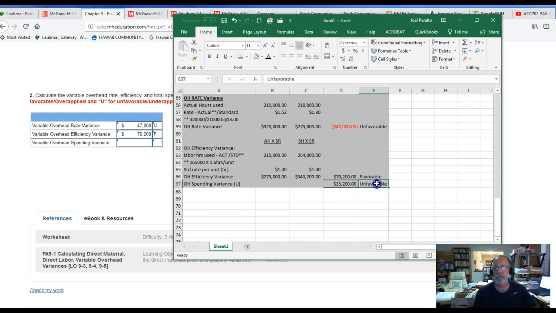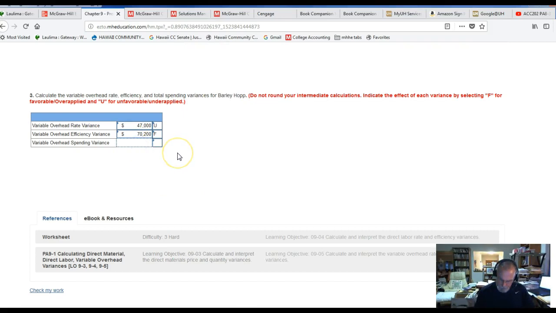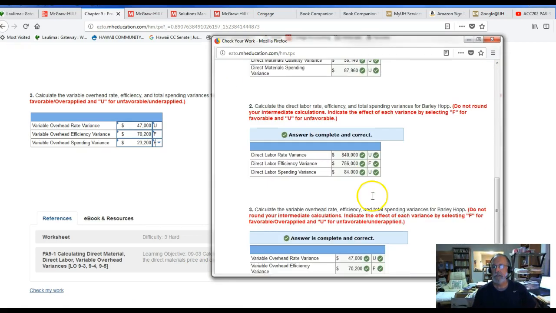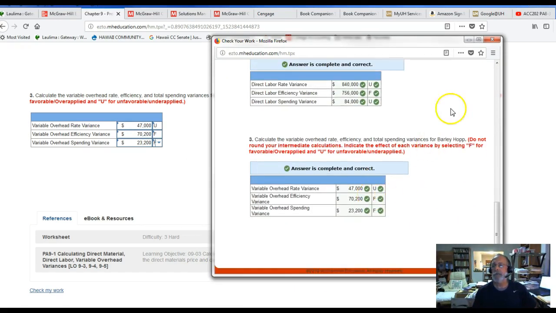So we have a net favorable variance of 23.2. Let's try that in there, 23.2, and that's favorable. And we'll check that. And looks like we're okay.